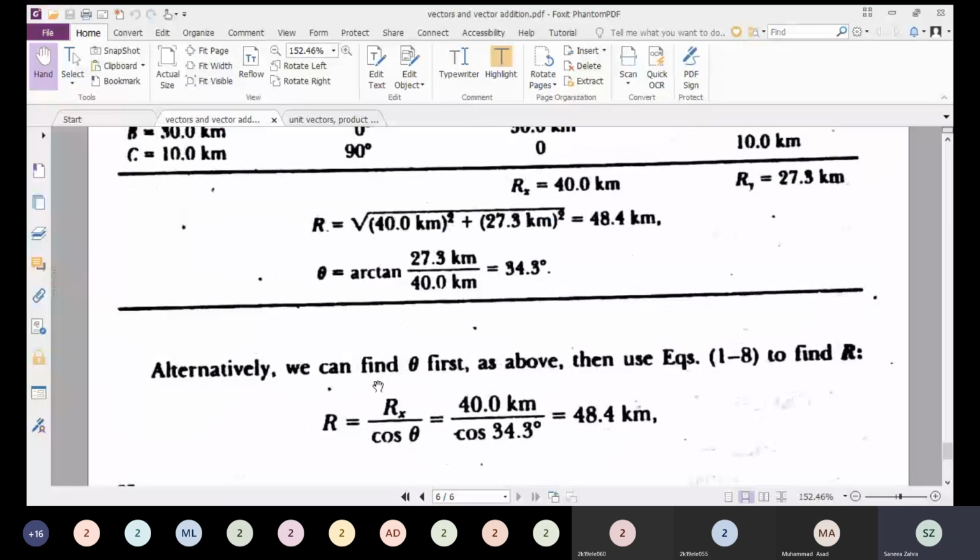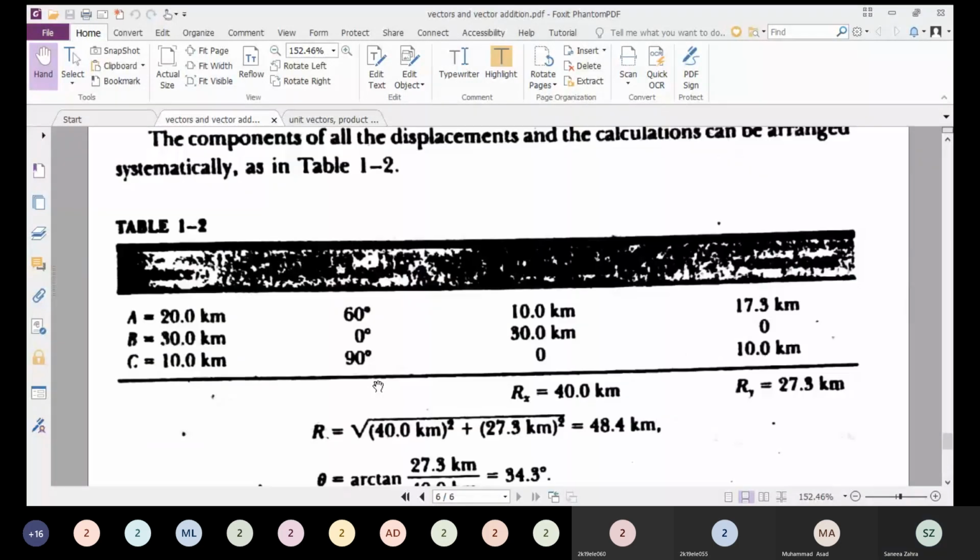Now we are moving towards our next topic, which is the unit vector. Unit means one. Unity means one. So basically, a vector whose magnitude is one is known as a unit vector.